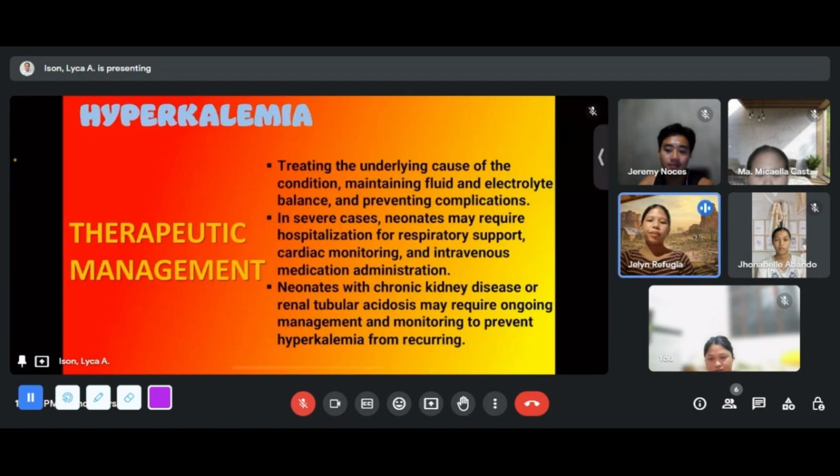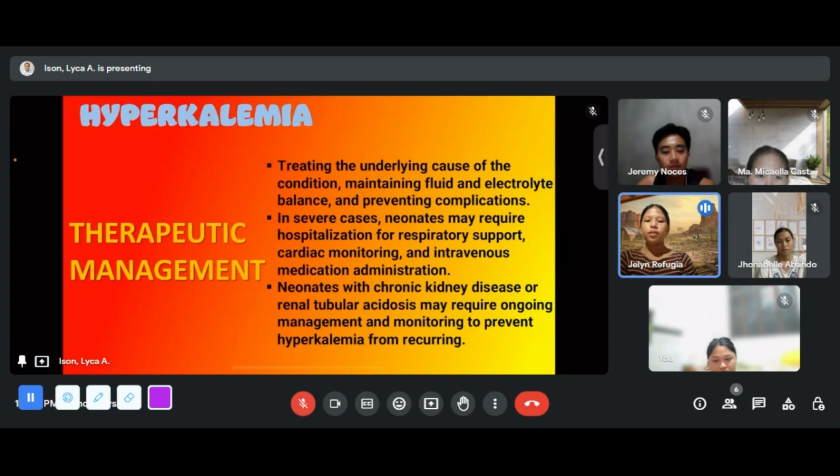We also have the therapeutic management for hyperkalemia. First is treating the underlying cause of the condition, maintaining fluid and electrolyte balance, and preventing complications. So, pag severe na yung case, required na ng hospitalization para sa respiratory support, cardiac monitoring, and IV medications.